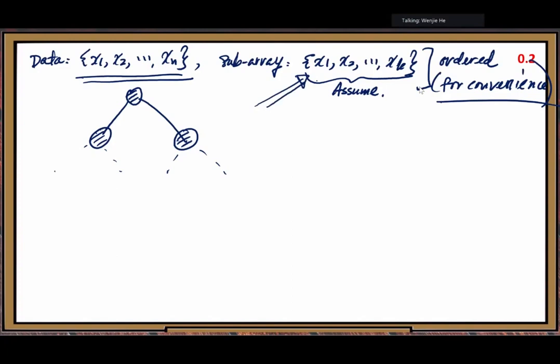This ordered subarray means we do not need to do any comparison to order this part of the data. No comparison needed to order this portion of data.